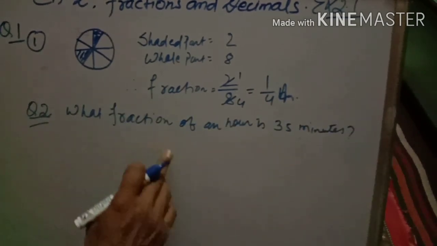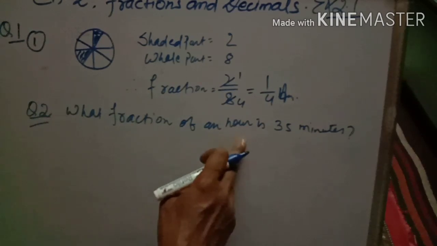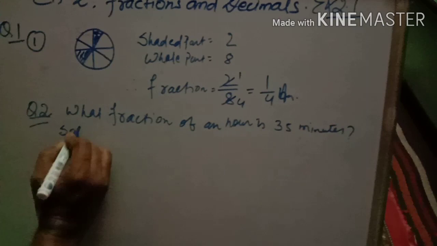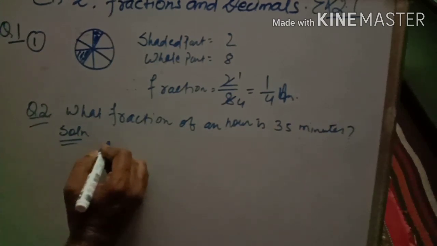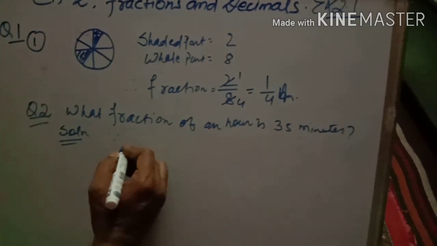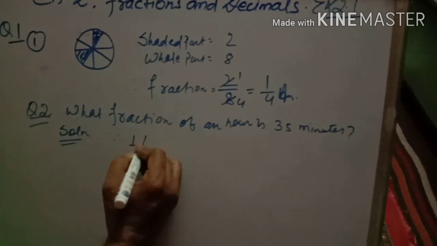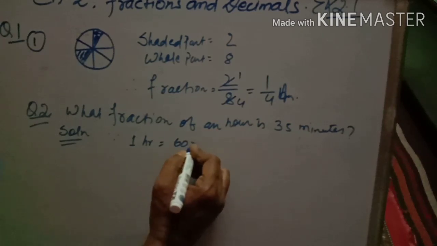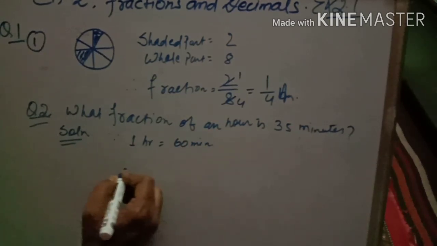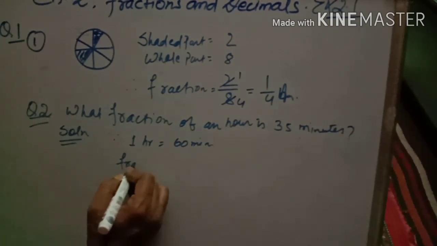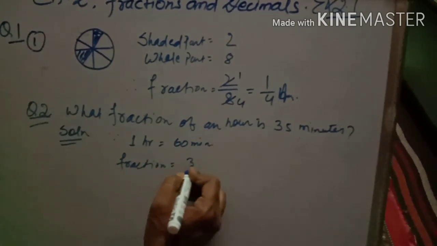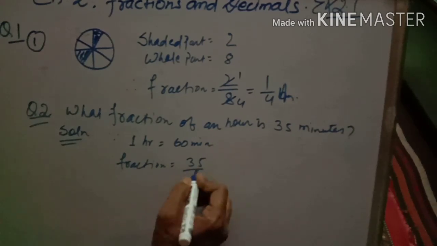Question number 2. What fraction of an hour is 35 minutes? So write down the solution. First of all, we know that 1 hour equals 60 minutes, therefore the fraction will be 35 minutes by 60.